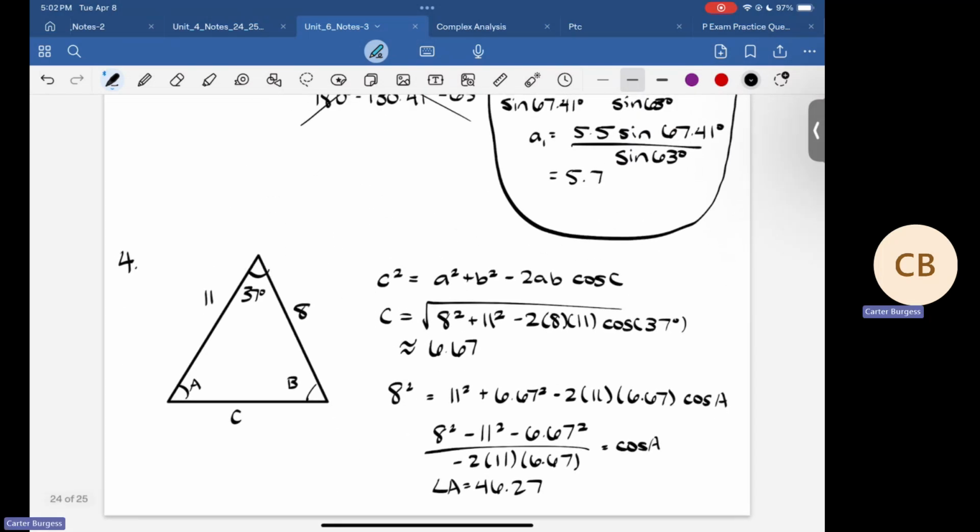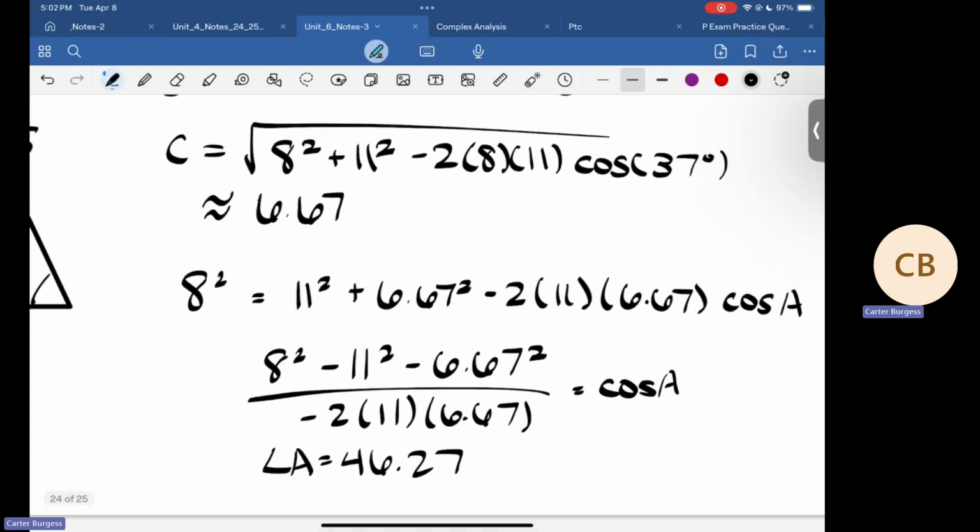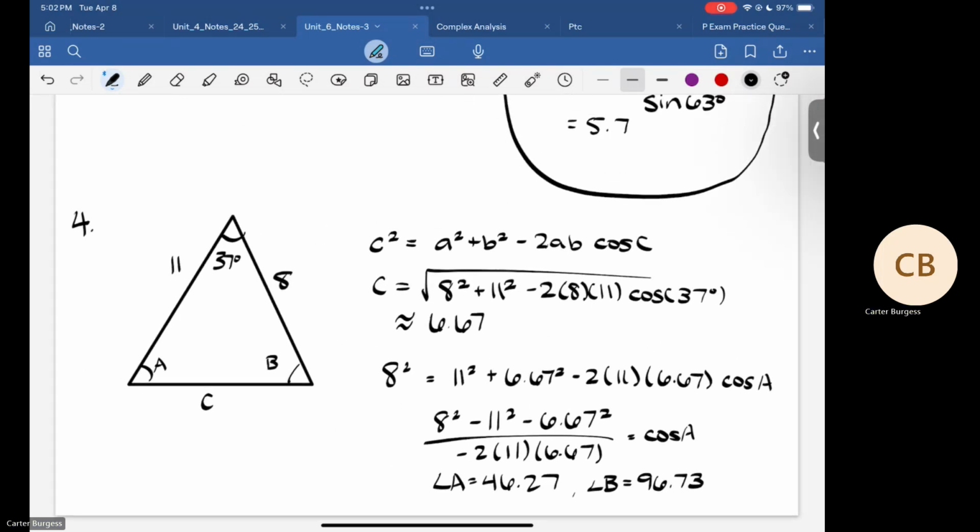And since I know that ultimately my angles need to add up to 180 degrees, if we do 37 plus 46, we get 83.27. And so angle B should be 96.73. Because they all need to add up to 180.